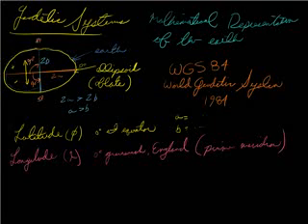And for longitude, looking down at the Earth, if the North Pole is right in the center, so the North Pole is a little dot, and this is the prime meridian.